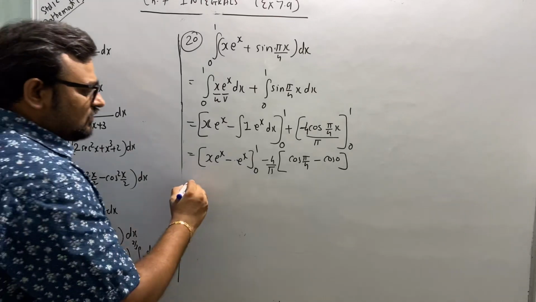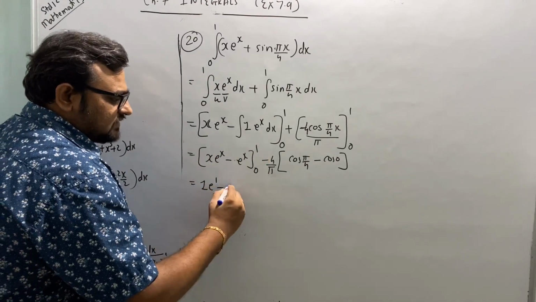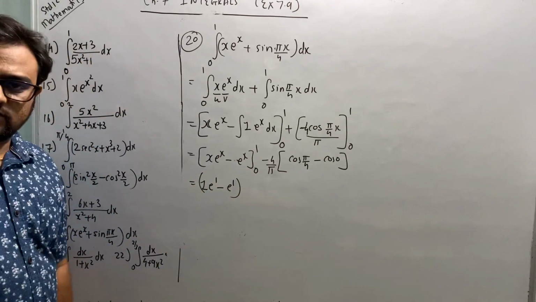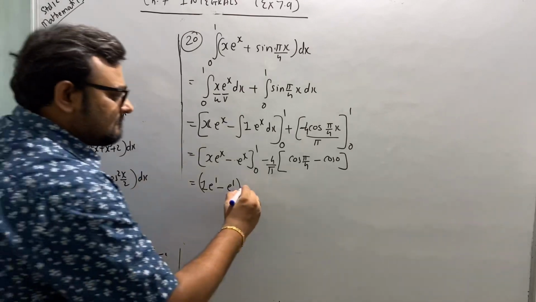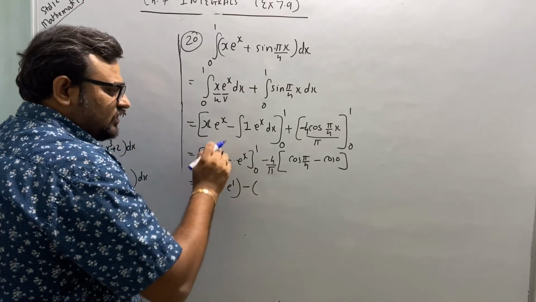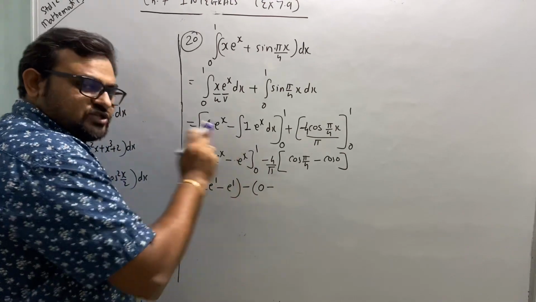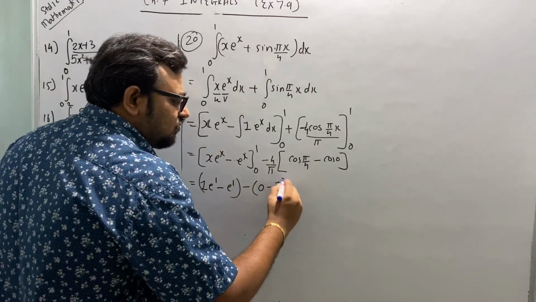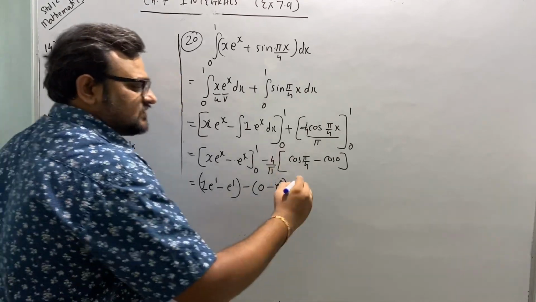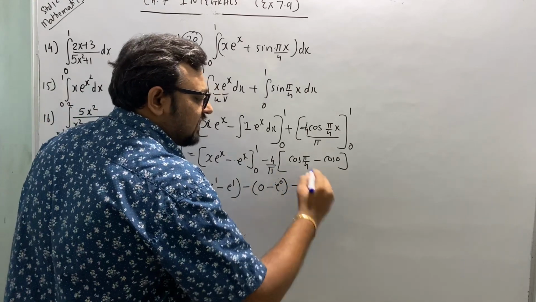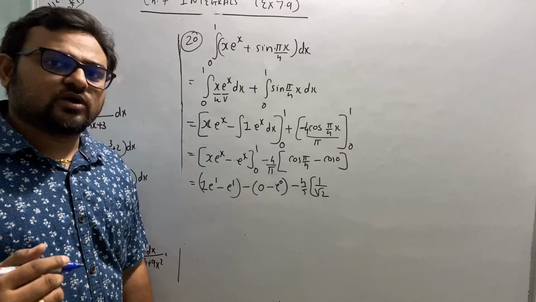Clear? So now here, 1 into e raised to 1 minus e raised to 1, minus 0 into e raised to 0, as it is 0 multiplied by 0, so 0, minus e raised to 0, that is 1. Minus 4 by pi, cos pi by 4 is 1 by root 2.